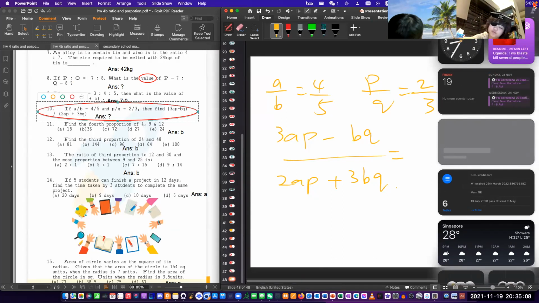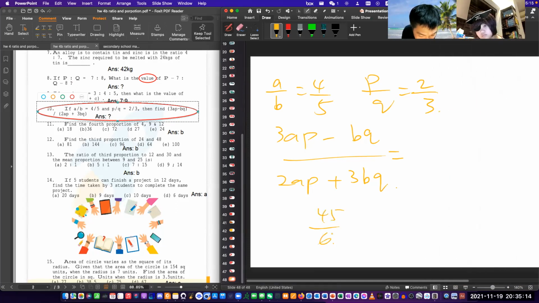Is it 45 over 61? I'm not sure. 45 over 61, right? Your answer. Okay, let's do it together. So you already have it in this manner. What you do next is you just replace. A is replaced by 4, P is replaced by 2, B is replaced by 5, Q is replaced by 3.